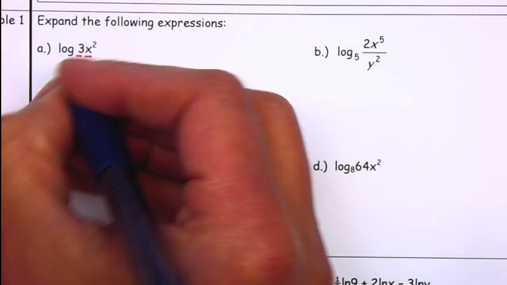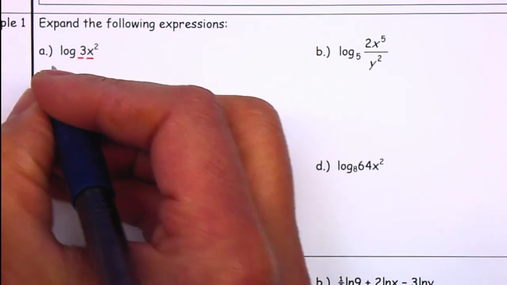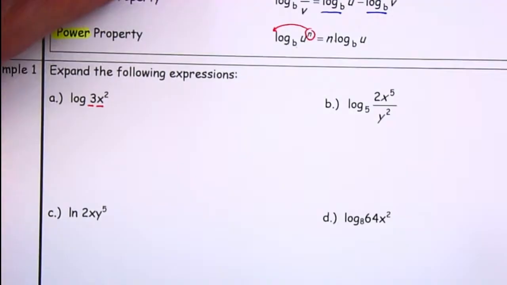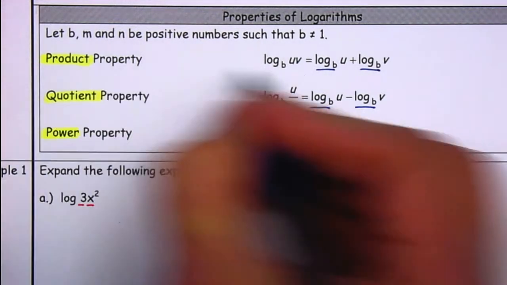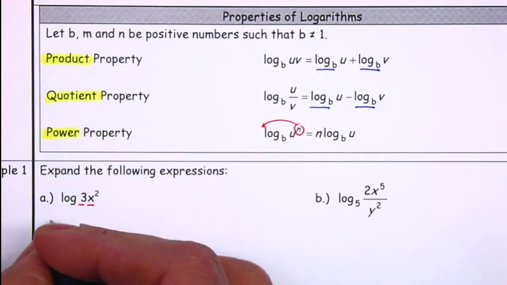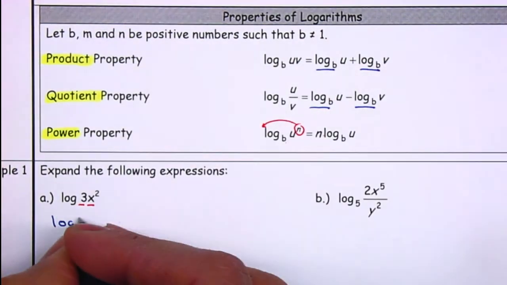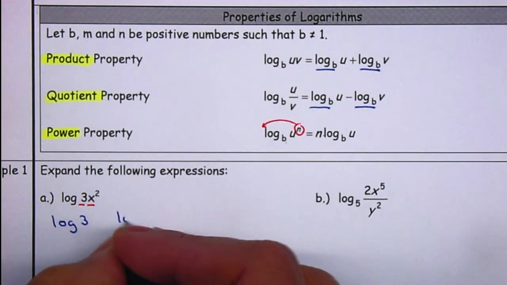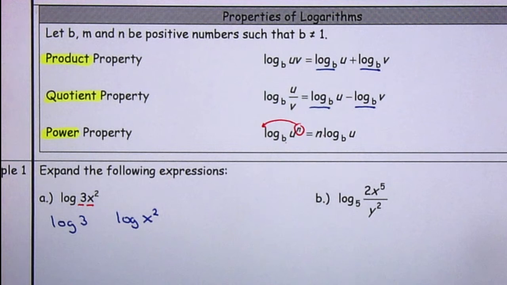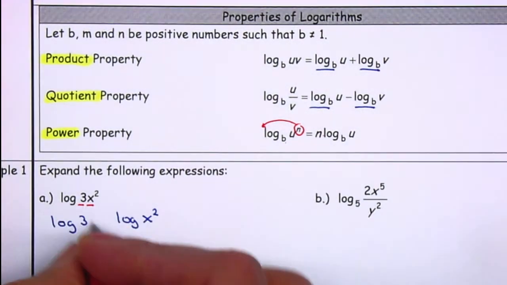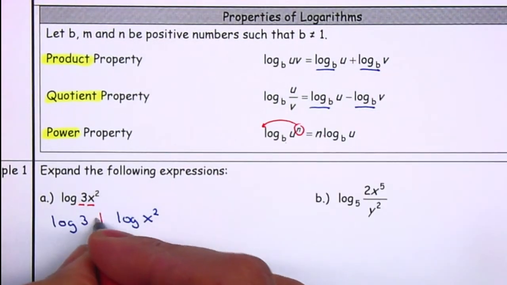They are multiplying, so we are going to use the product property to simplify it. We're going to have the log of 3. We're going to have the log of x squared. Because they are multiplying, there'll be a plus in between.